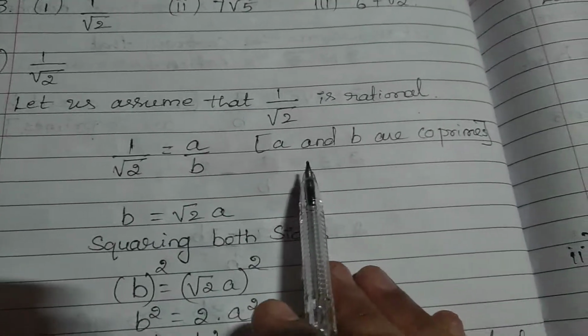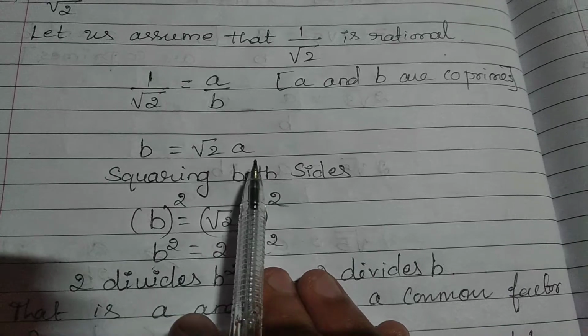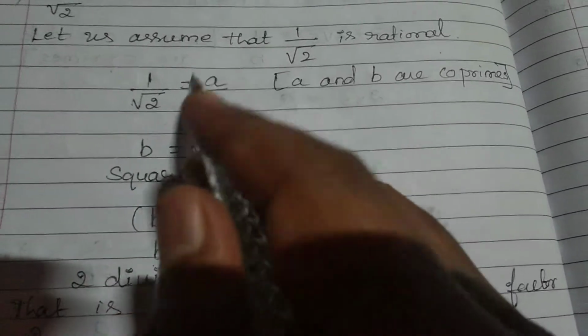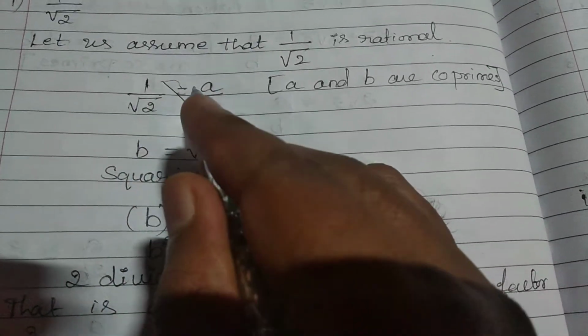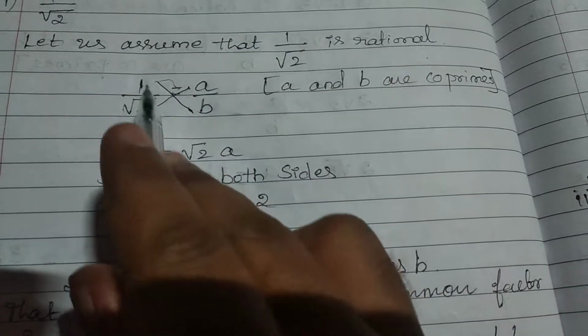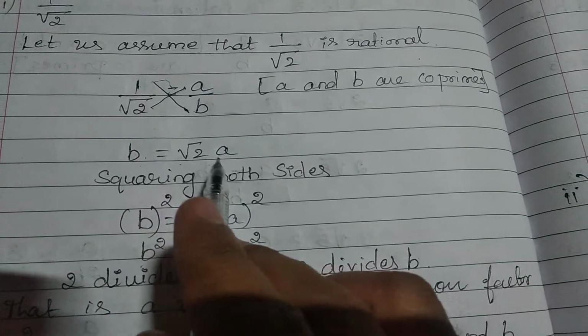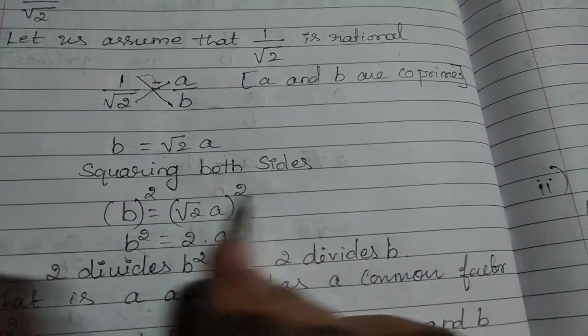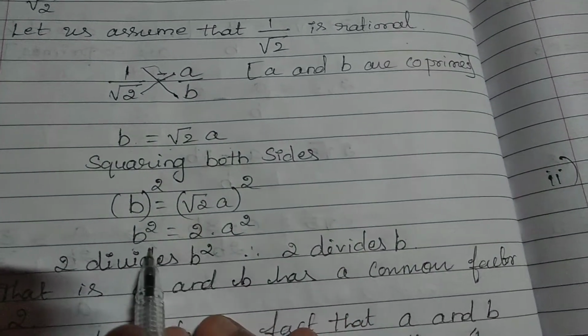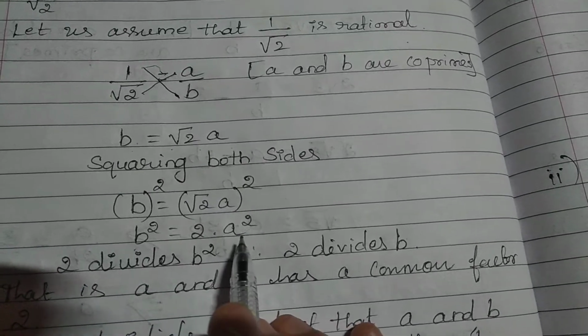So a and b are co-primes. So b is equal to root 2 a. We cross multiply here, b goes here and root 2 goes there: b is equal to root 2 a. Squaring on both sides, we get b square is equal to 2 into a square.